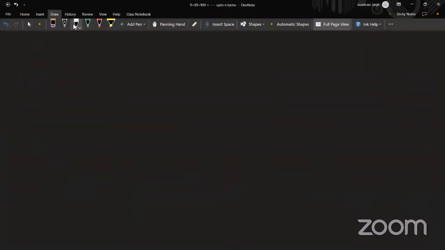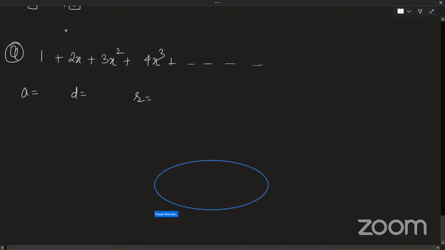So I will give you a small example of this series. You have 1 plus 2x plus 3x square plus 4x cube, and so on. Now can anyone tell me the value of A, D, and R?